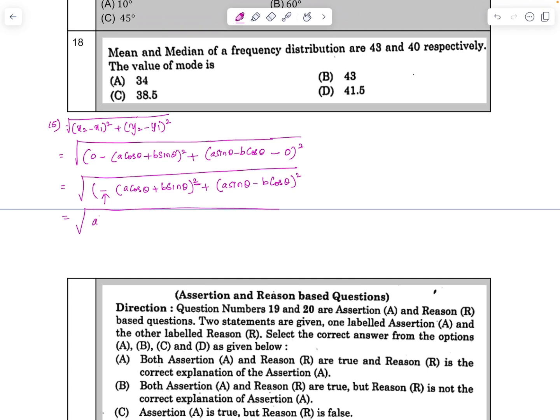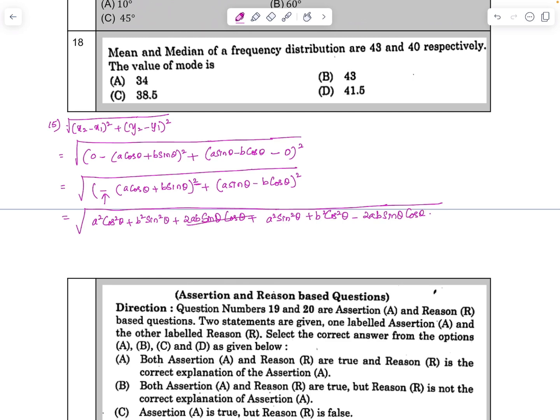Square root of a square cos square theta plus b square sin square theta plus 2ab sin theta cos theta plus a square sin square theta plus b square cos square theta minus 2ab sin theta cos theta.